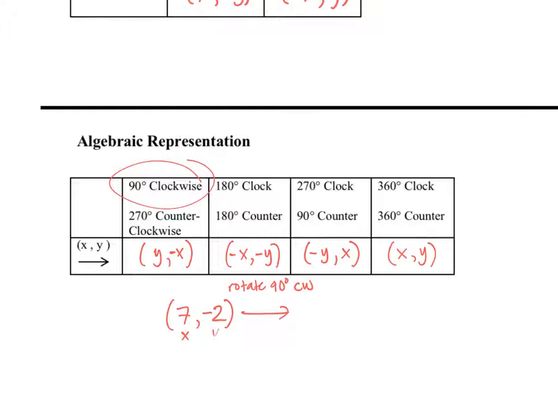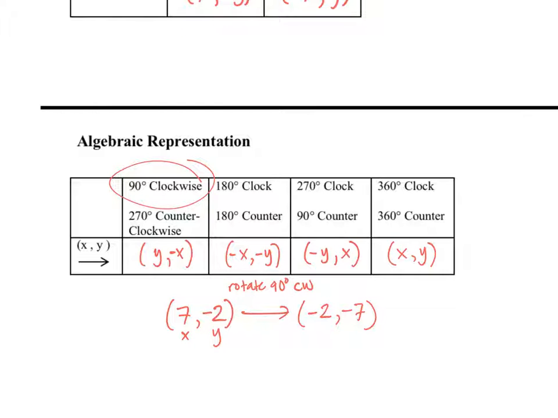So if that's x and that's y, we're going to switch them at the end, but you see that x becomes negative x. So we change the x and then we switch them. So the x here is 7. What do we get when we change it? Negative 7. And then we switch them, the x and the y. So it becomes negative 2 and negative 7. And that would be my image after I rotate it 90 degrees clockwise.